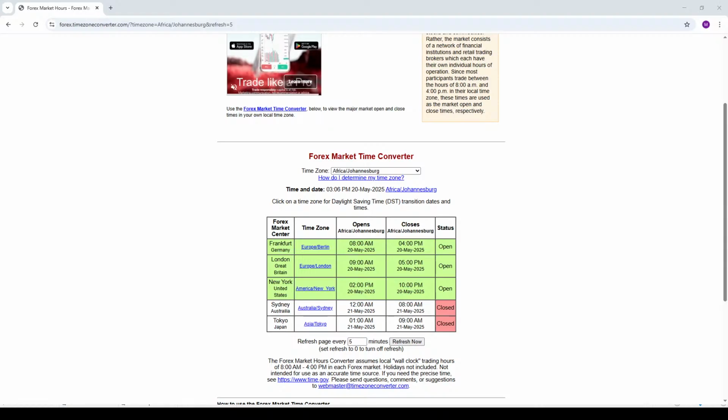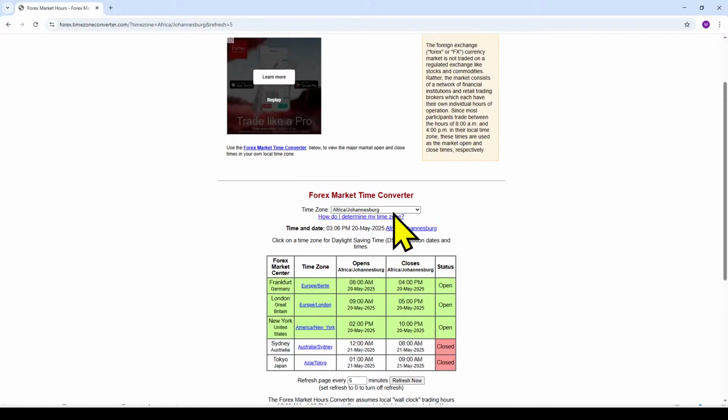So the first thing that you can do is you can go on Google and type in Forex time converter. It'll bring you to this website right here. And then on this website, guys, you'll see the different starting times and ending times for the different trading sessions in real time. Okay. But the first thing that you need to do, guys, is fix the time zone according to your time zone.